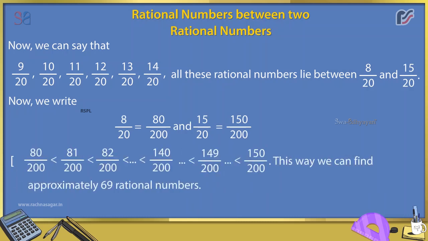Therefore, 80 by 200 is less than 81 by 200, which is lesser than 82 by 200, and so on, till 140 by 200, and so on, till 149 by 200, which is lesser than 150 by 200. This way, we can find approximately 69 rational numbers.